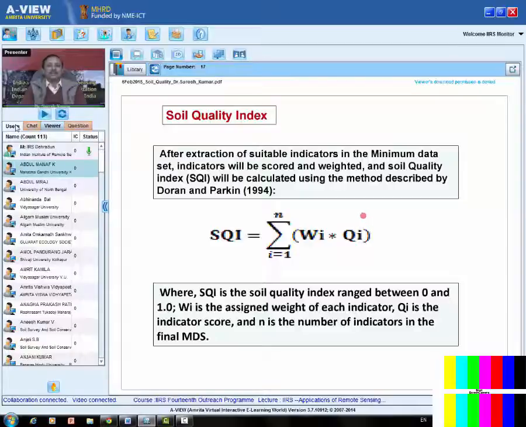If you are getting pH 6.5 or 8.5, then you divide by the pH 7.0 and rescale into a 0 to 1 value. So we scale the properties, so Q is 0 to 1 and weightage 0 to 1, and we sum the properties, and then we get the soil quality index.